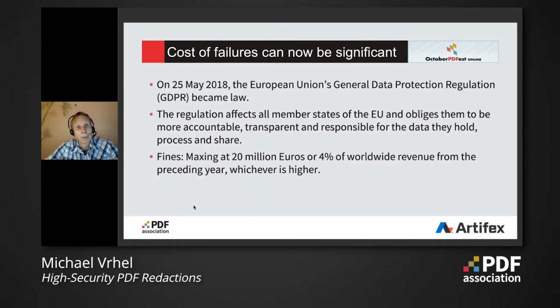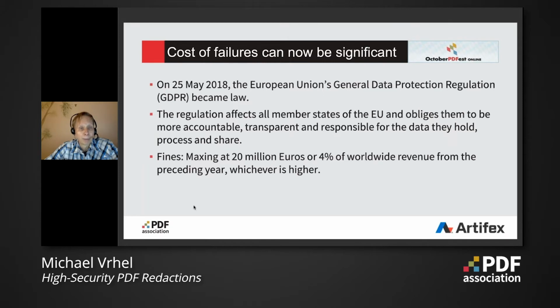And then you couple that with the fact that the cost of failures can be quite significant today. In 2018, the EU passed the General Data Protection Regulation, and this affects all member states and makes them accountable to and responsible for the data that they hold and process. And the fines are hefty if they fail to meet that.